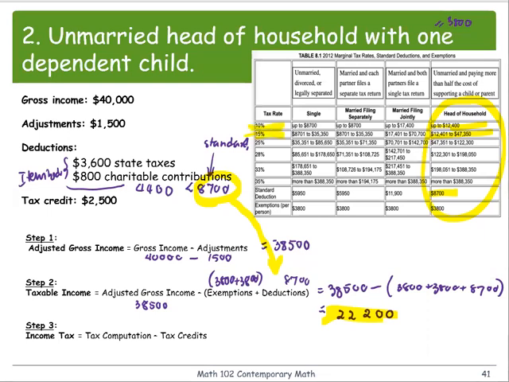And then we can categorize it with the number for the first layer, which is up to 12,400.